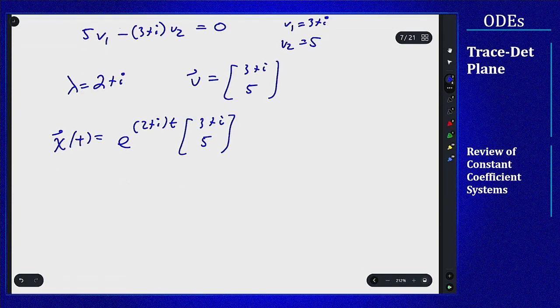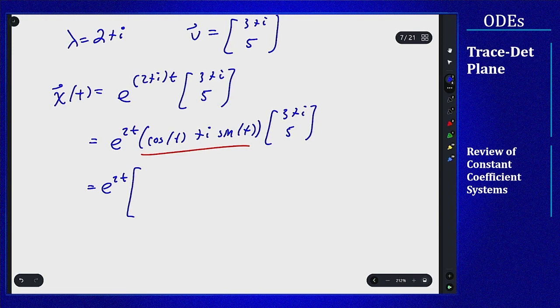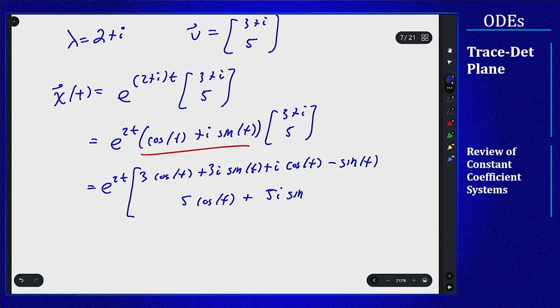I can decompose this using Euler's formula into e to the 2t times (cosine of t plus i sine of t), and then times (3 plus i, 5). And I can now distribute this into the vector, giving me 3 cosine of t plus 3i sine of t plus i cosine of t minus sine of t, because the i squared gives me minus 1, and 5 cosine of t plus 5i sine of t on the bottom.